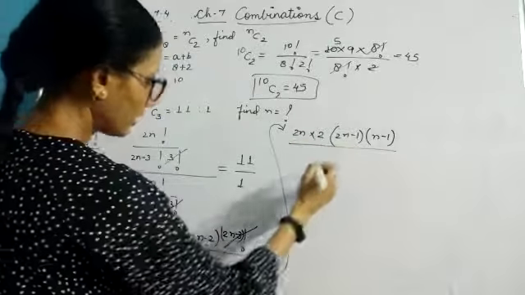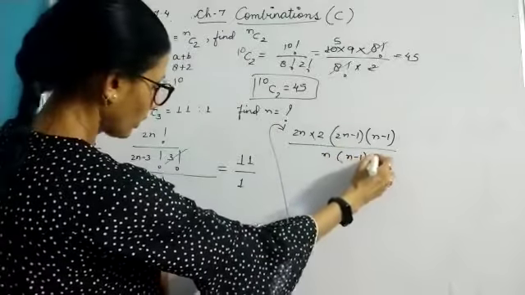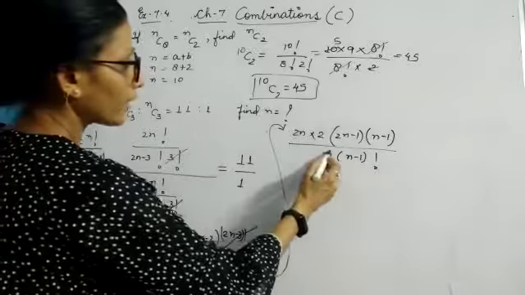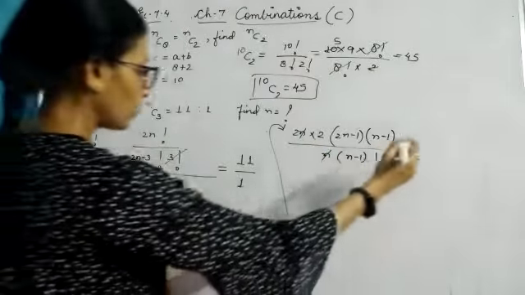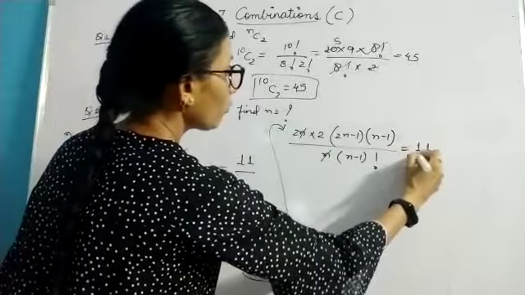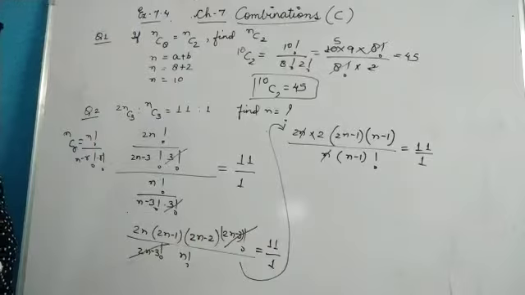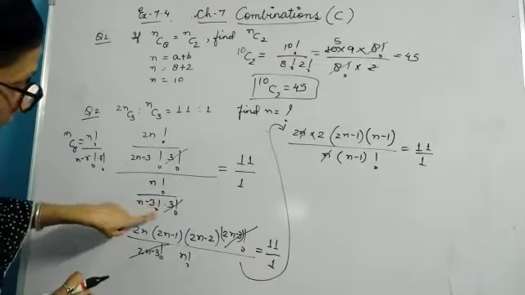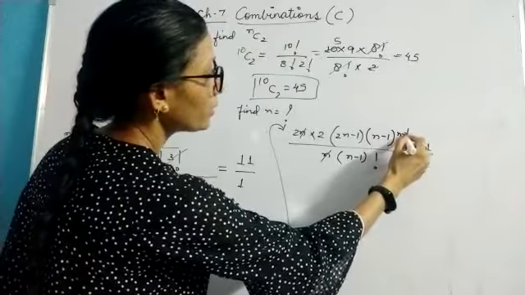Now factorial n can be written as n into n minus 1 factorial. So here n and n are gone. I can write this as equal to 11 by 1. Solving it further, we are left with the term n minus 3 factorial, which will go upwards, so I get factorial n minus 3 over here.